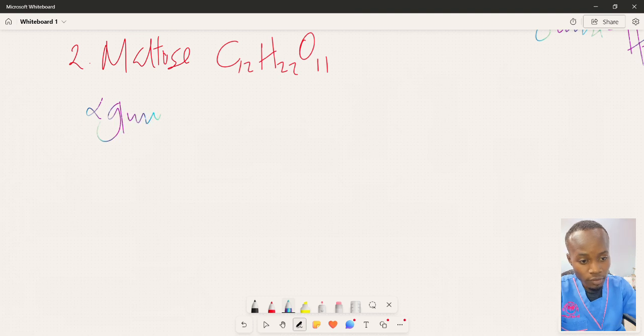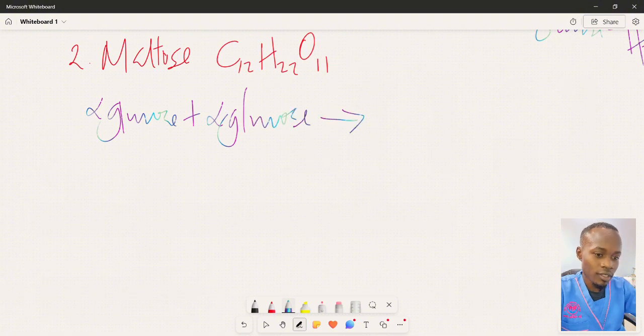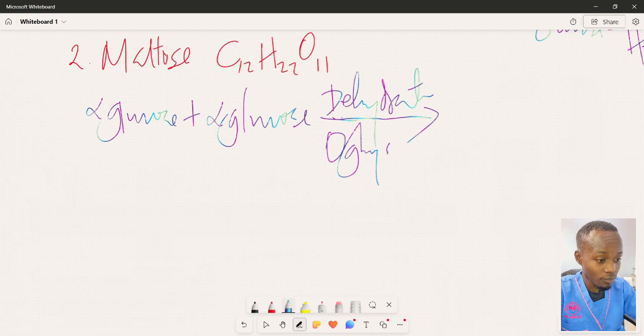So alpha glucose plus alpha glucose, through the process of dehydration, or rather O-glycosidic bond, we are going to have sucrose. Sorry, not sucrose, but maltose.